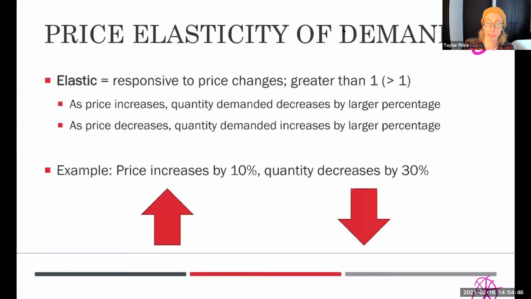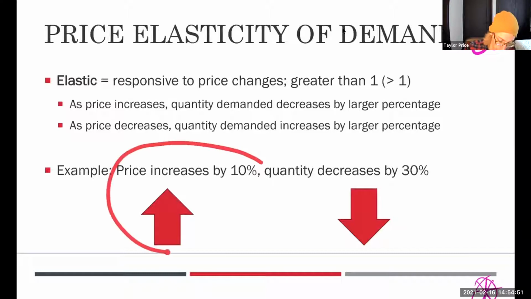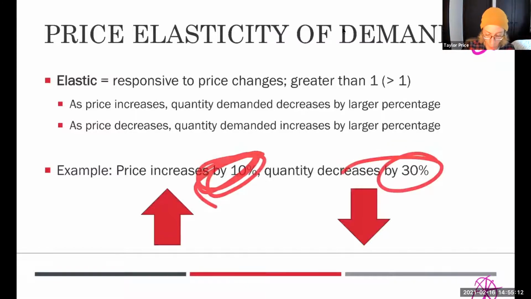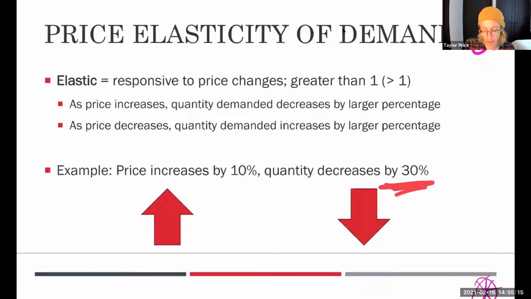All this means is that if the price of a good increases by 10%, the quantity decrease has to be greater than that 10%. Basically, the quantity decrease or increase has to be larger than the price change, so this number here will always be smaller than this number here if something is elastic.